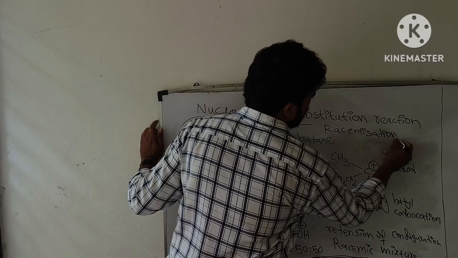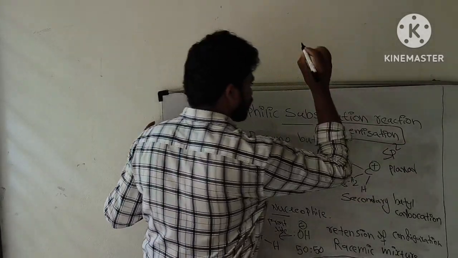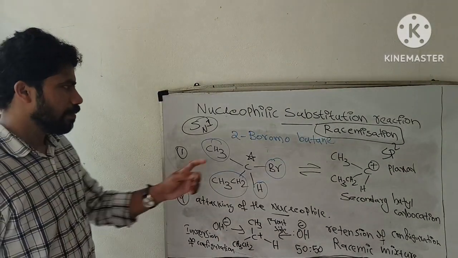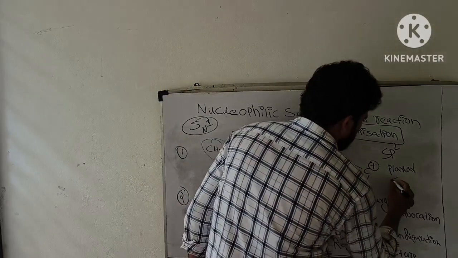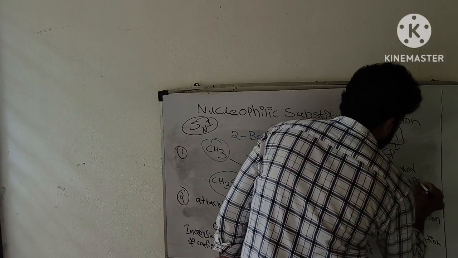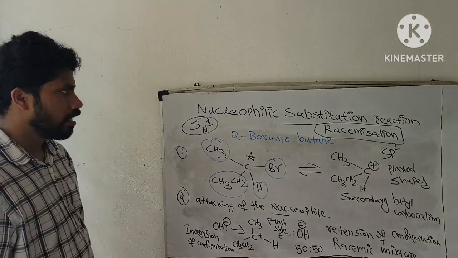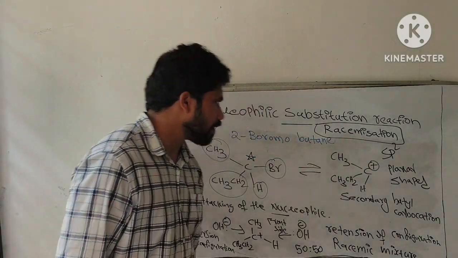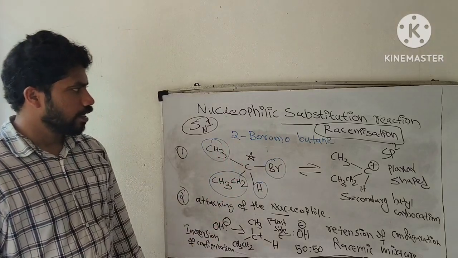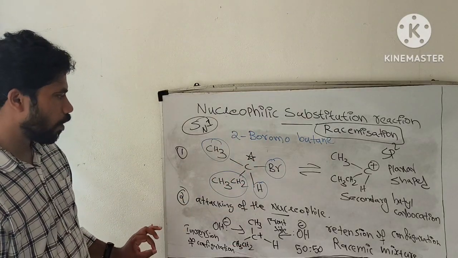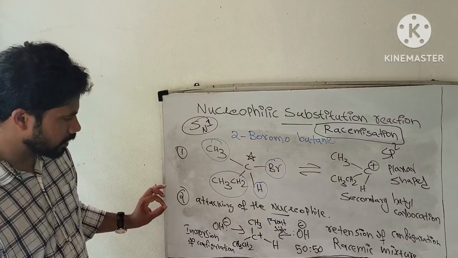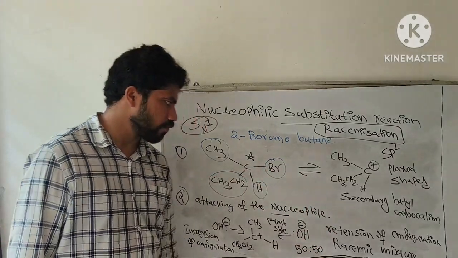So why is the stereochemistry of the SN1 reaction racemization? Because of the planar tertiary or secondary butyl carbocation. If it is a chiral carbon containing compound, you have two chances of configuration, inversion of configuration and retention of configuration.